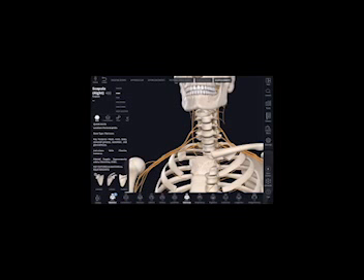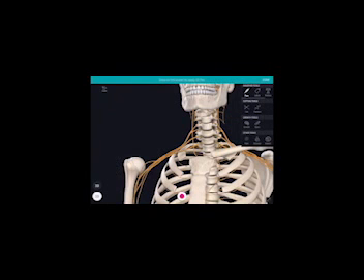Now let's go back to the model and appreciate what you just drew on 2D paper. Okay, so here we have C5, C6 making the superior trunk, C7 is the middle trunk, and C8 and T1 is the inferior trunk.